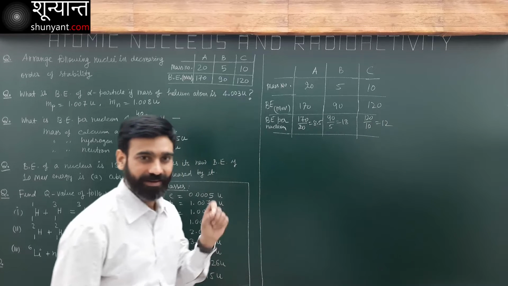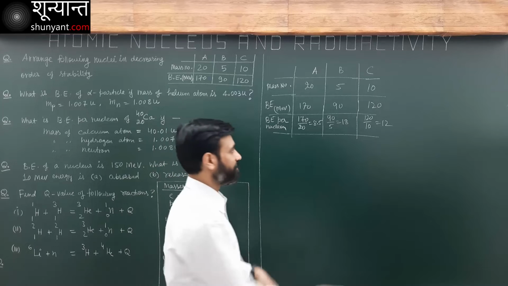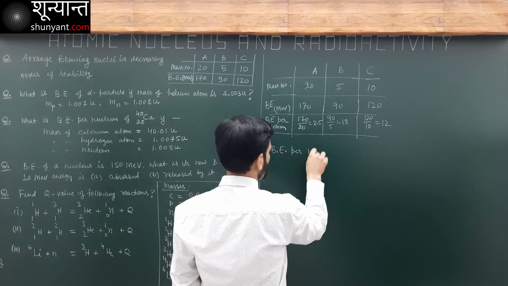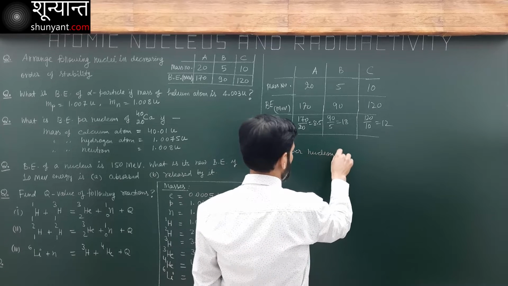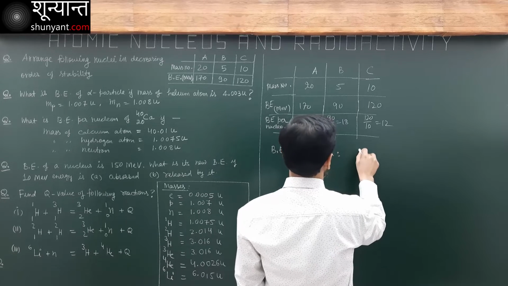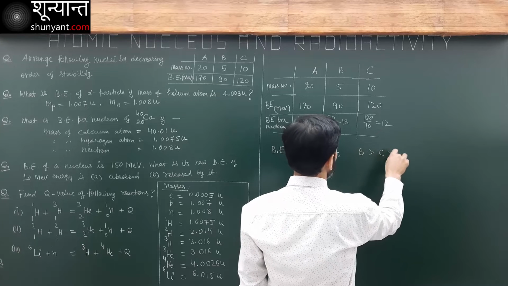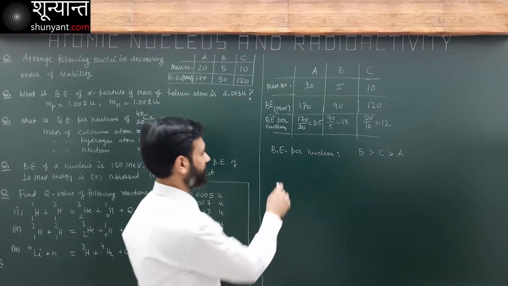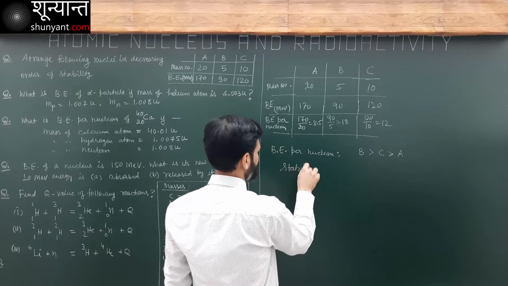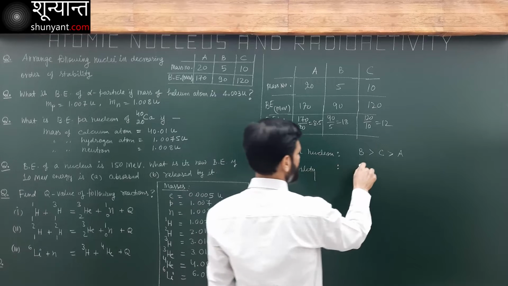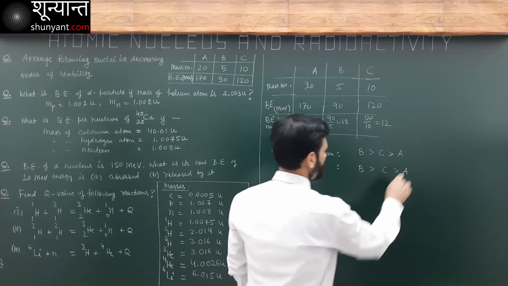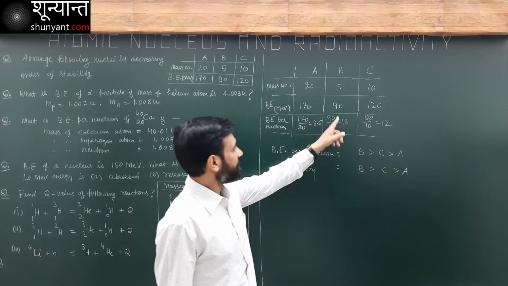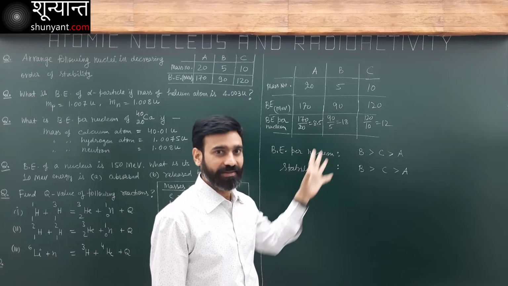Now, the higher the binding energy per nucleon, the more stable. So it will be B more than C more than A, and stability will have the same order: B, C and A. Out of these three, B is going to be the most stable. Look, it does not have the highest binding energy.